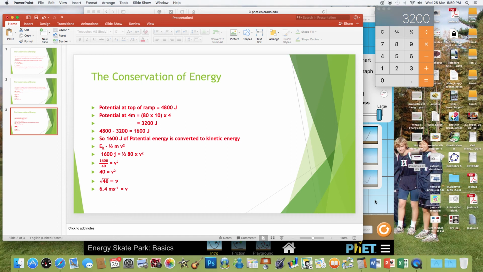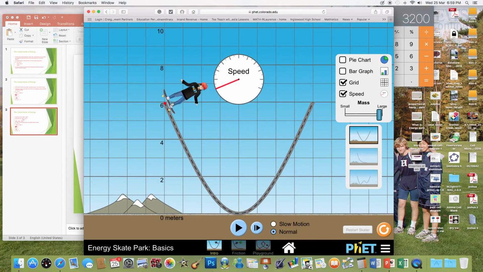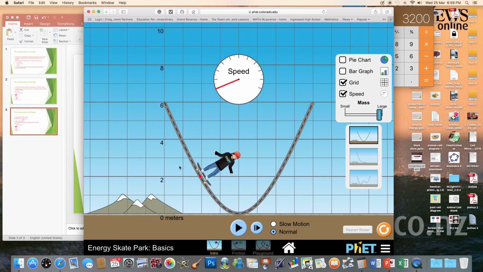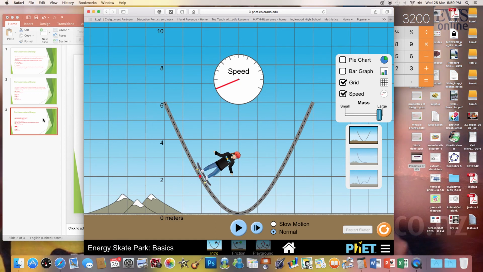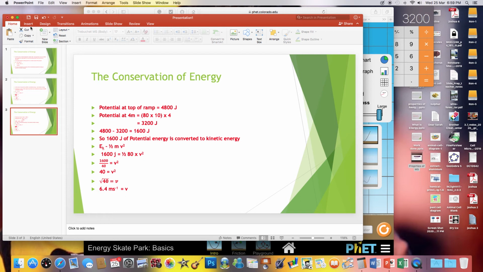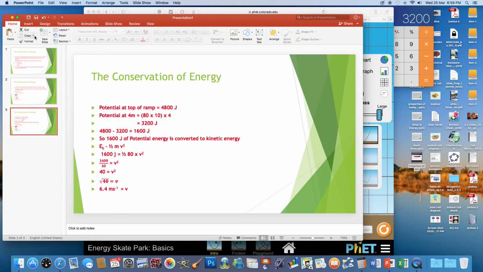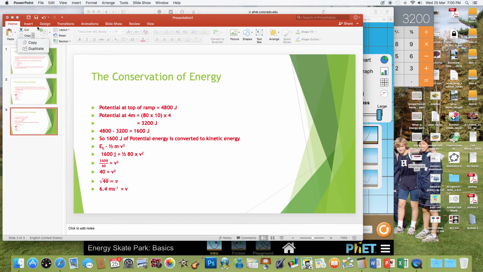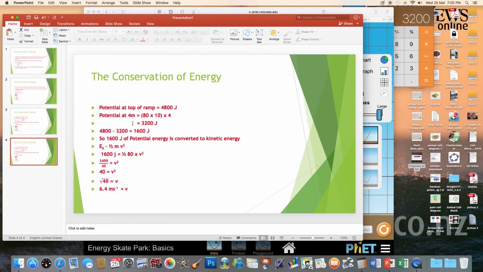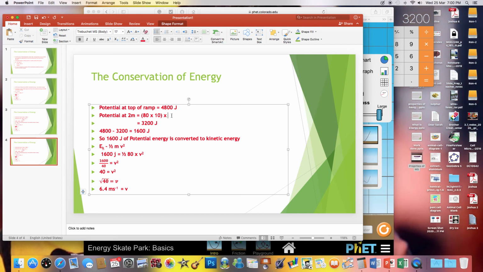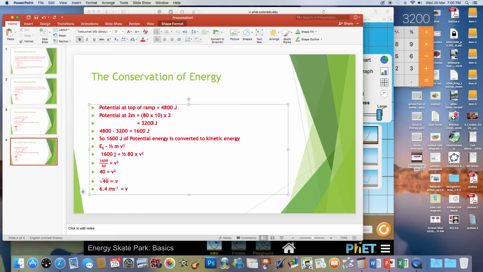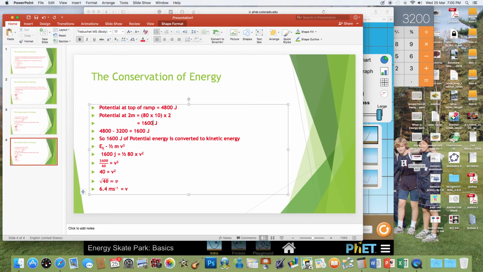6.4. And then if we were to do that one more time for the 2 meters, so he goes from there to there, so we can go ahead and do that again, just to give you the idea of what's going on here. So now at 2 meters, the gravitational potential energy is going to be 800 times 2, which will be 1,600 joules.